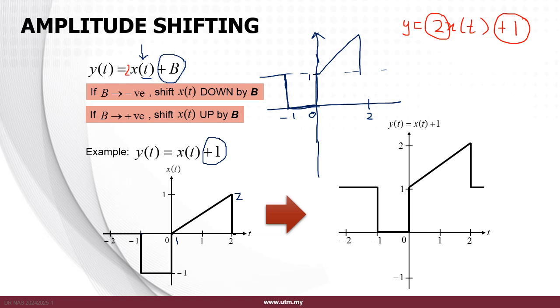When you have amplitude scaling, the amplitude of the signal, 2 times 2 becomes 4, and 1 times 2 becomes 2, and 0, and here also 2. Okay, so if you have a variable in front, it is called amplitude scaling, and if you have plus or minus at the back outside the bracket, it is amplitude shifting, whether the signal is shifted up or shifted down.